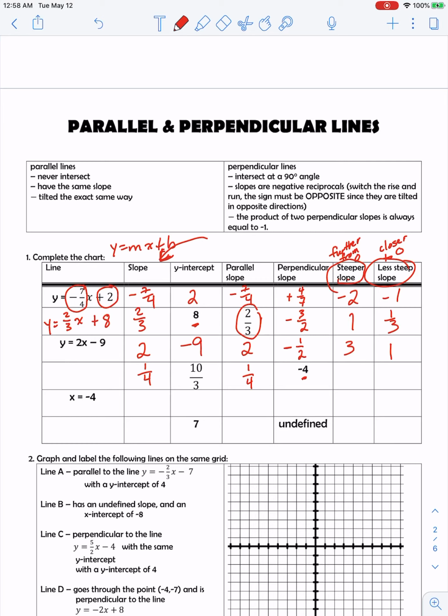Anything bigger than 1/4, 1 is bigger than 1/4. Anything less than 1/4, well, 1/8 is less than 1/4. 1/5 is less than 1/4. Anything that's less than 1/4. And then the equation in this case, the slope is 1/4 x, and the y-intercept is 10/3.